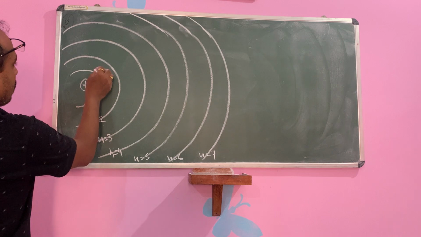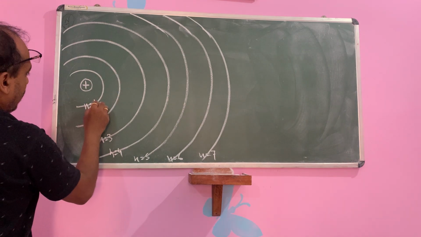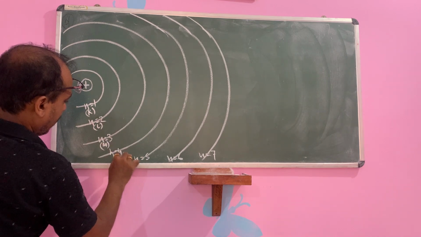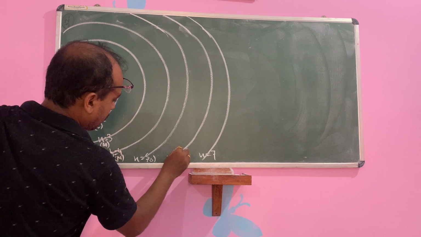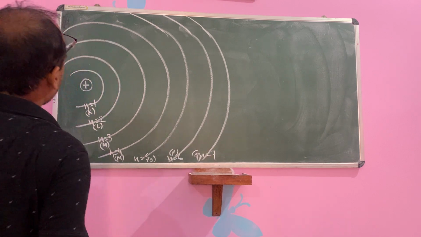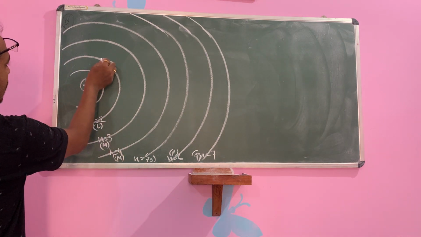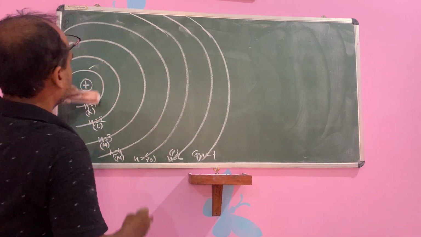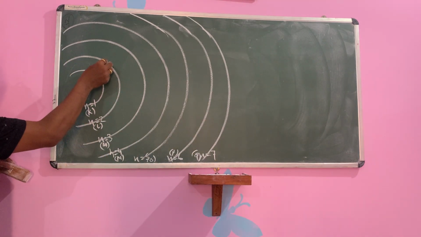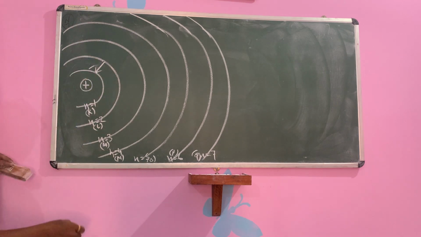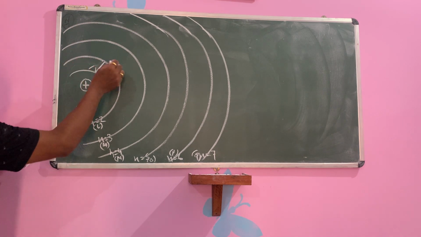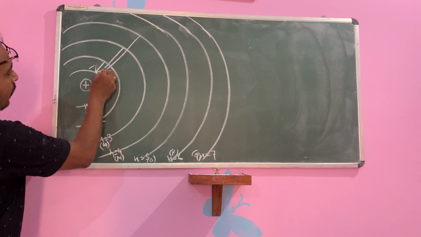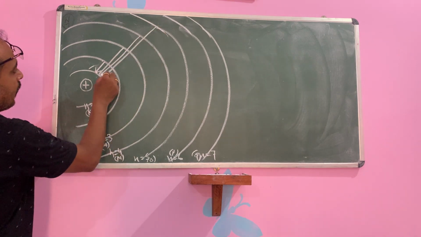Suppose an electron is coming to K. n is equal to 1 means K, then L, M, N, O, P, Q. Suppose the electron comes from L to K. Then similarly M to K, N to K, then O to K, like this.